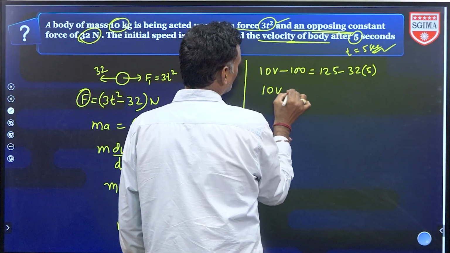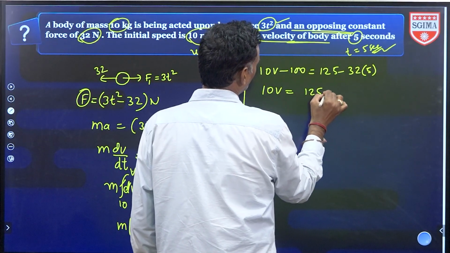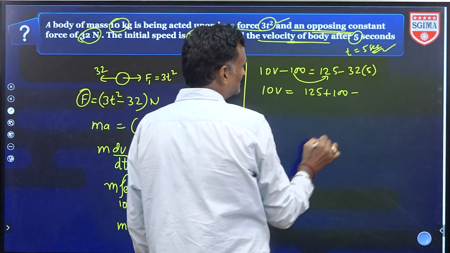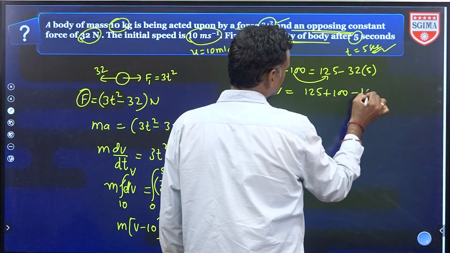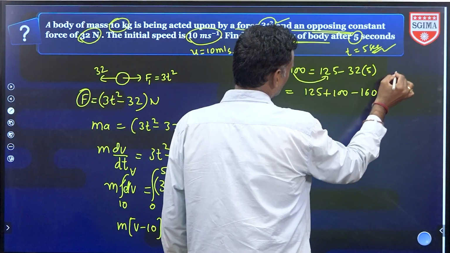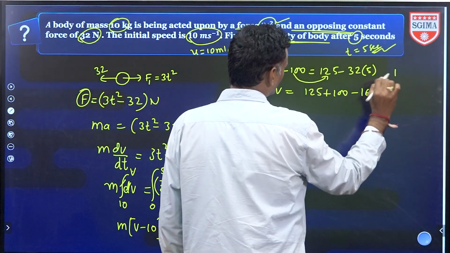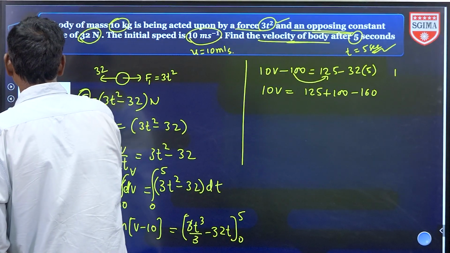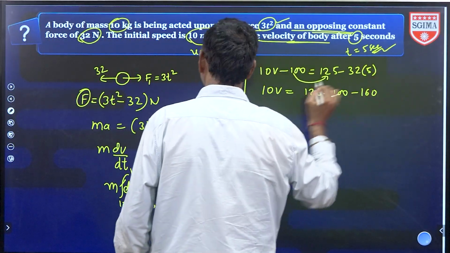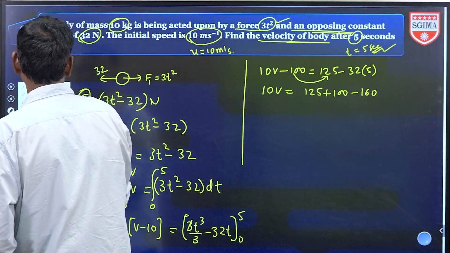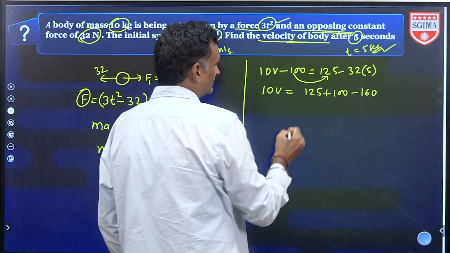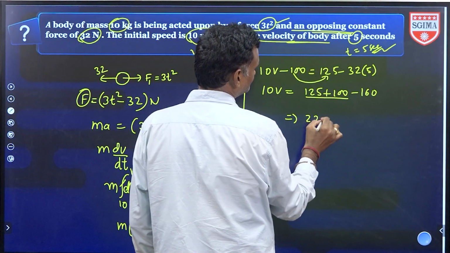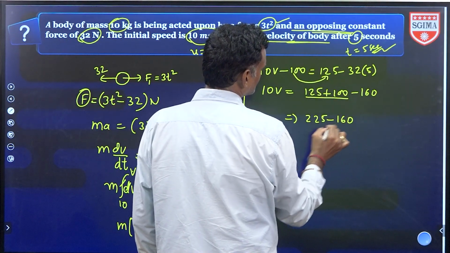Here 10v equals 125 plus 100, because it is shifting to the right side, minus 32 into 5, which is 160. So here it is 225 minus 160.